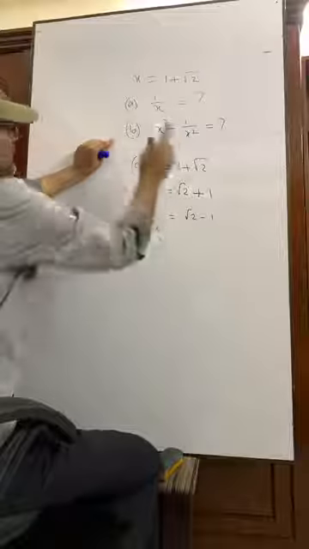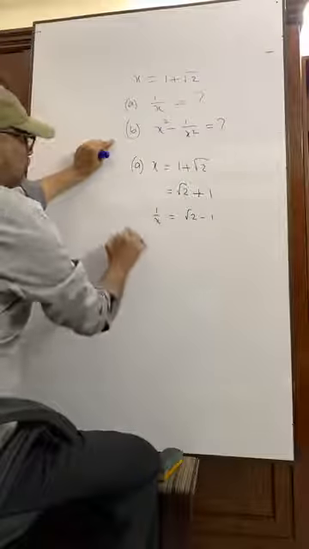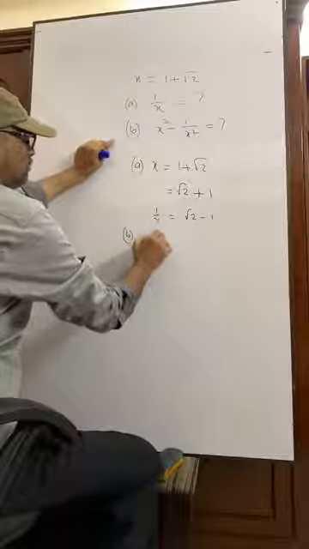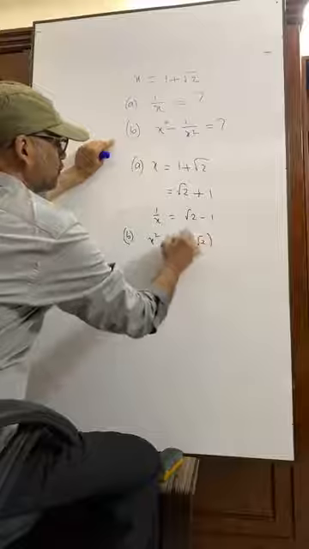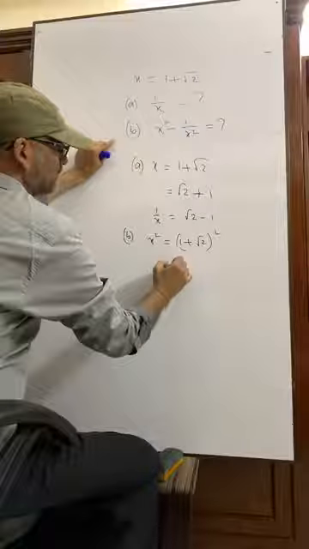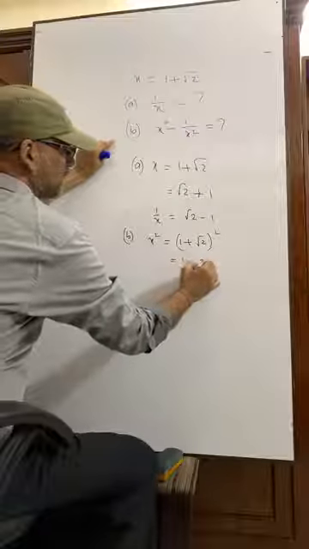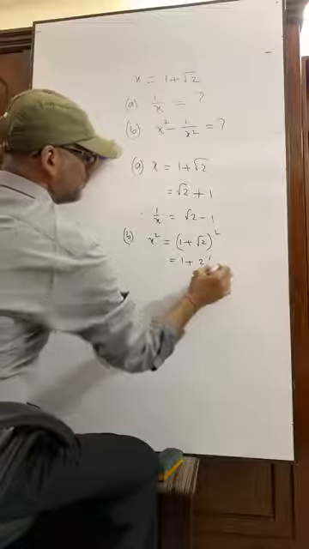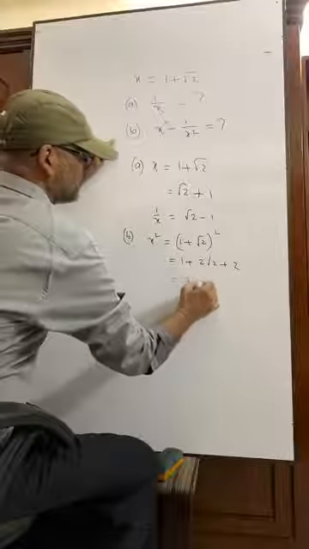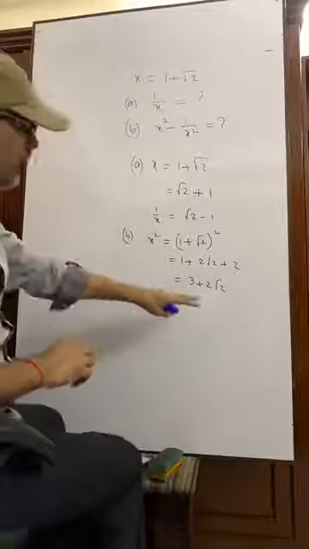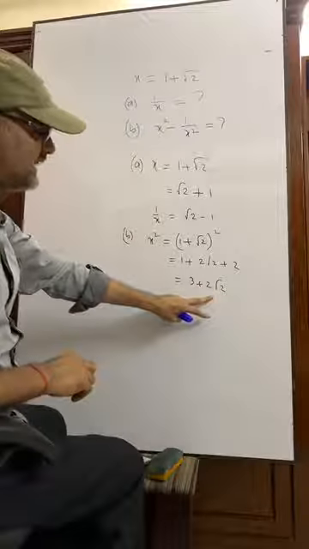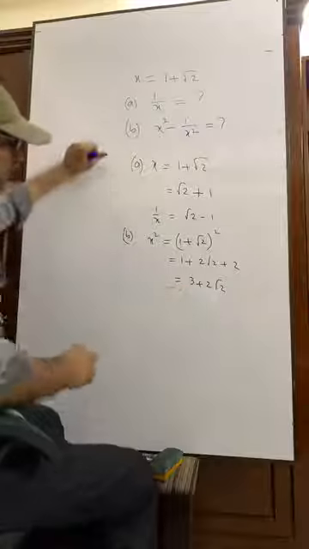And what is x square? Number B. x square is equal to 1 plus root 2 whole square. That means 1 plus 2 root 2 plus 2, that is 3 plus 2 root 2. The value of 2 root 2 is less than 3, so not a matter.